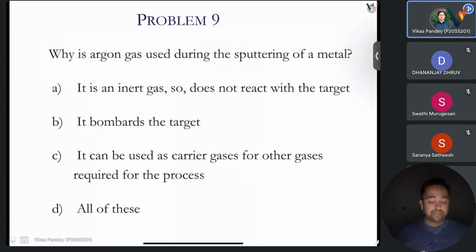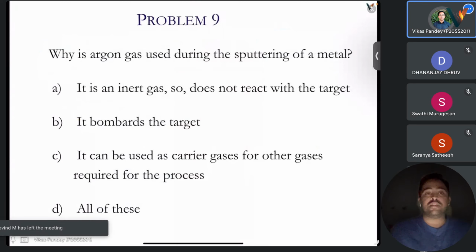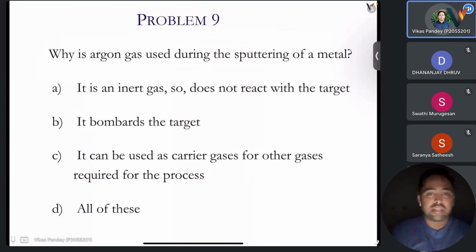Now, why is argon gas used during sputtering of metals? Because it is an inert gas and does not react with the target. It bombards the target. It can be used as carrier gas for other gases for the process, or all of these. Anyone?